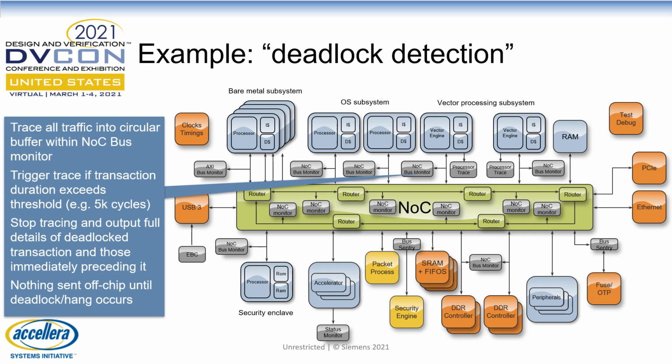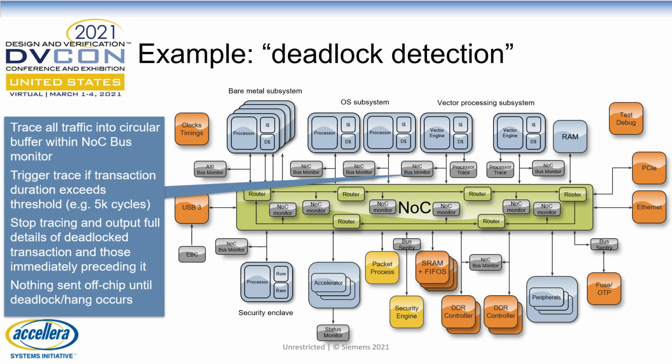We do this by configuring the NOC bus monitor to look at transactions going by from the vector engine to the NOC. We configure the NOC monitor to take a copy of the transactions, put them in a circular buffer inside the monitor, and look for transactions whose response takes more than a certain amount of time. That time in itself is configurable at runtime.